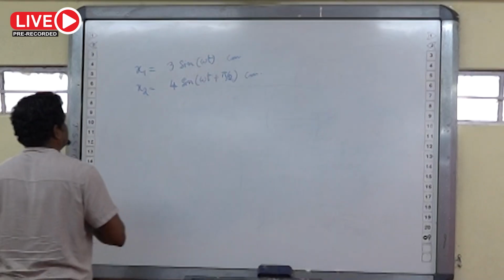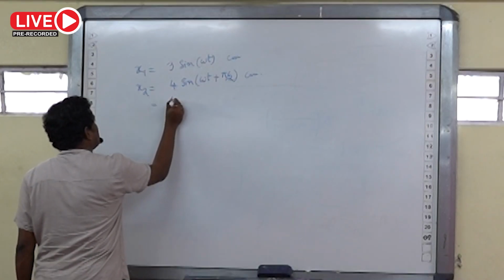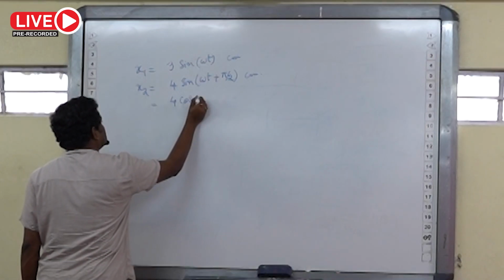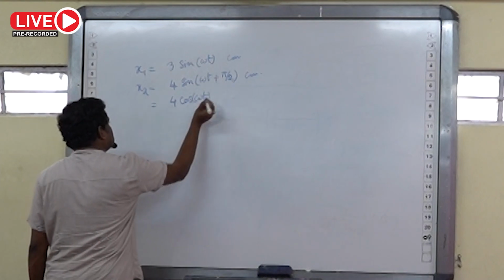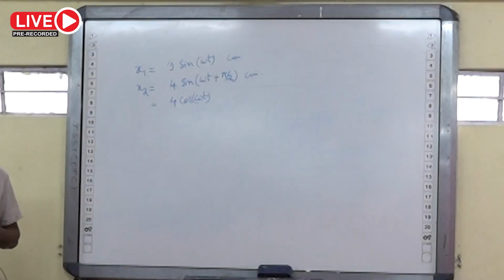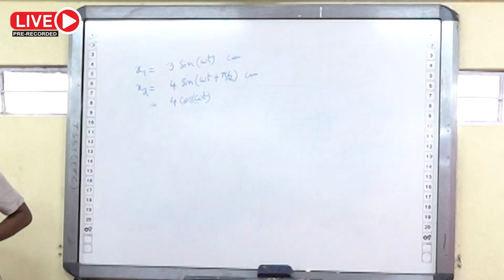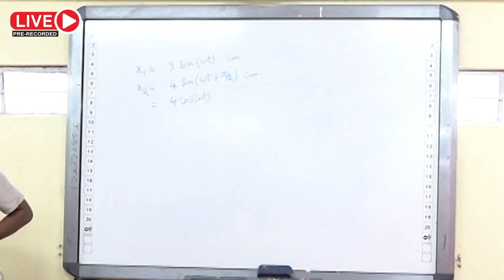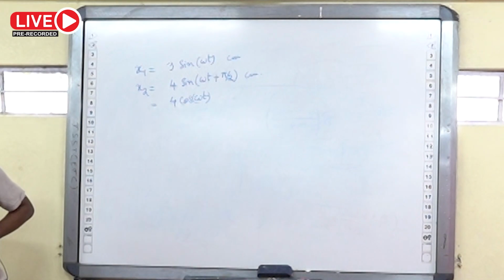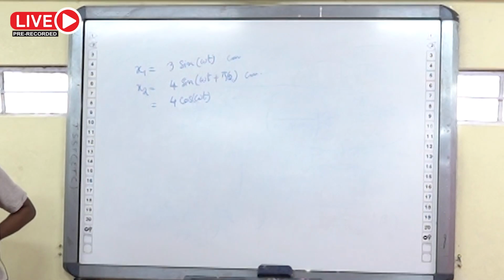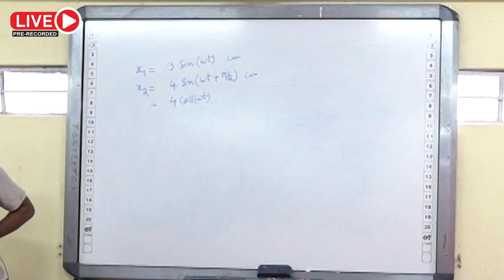You can write this one, x2, as 4 cos omega t, since it is 4 sine of pi by 2 plus omega t. So it will be 4 cos omega t, because pi by 2 plus omega t is in the second quadrant, where sine is positive, and for an odd multiple of pi by 2, sine is converted to cos.